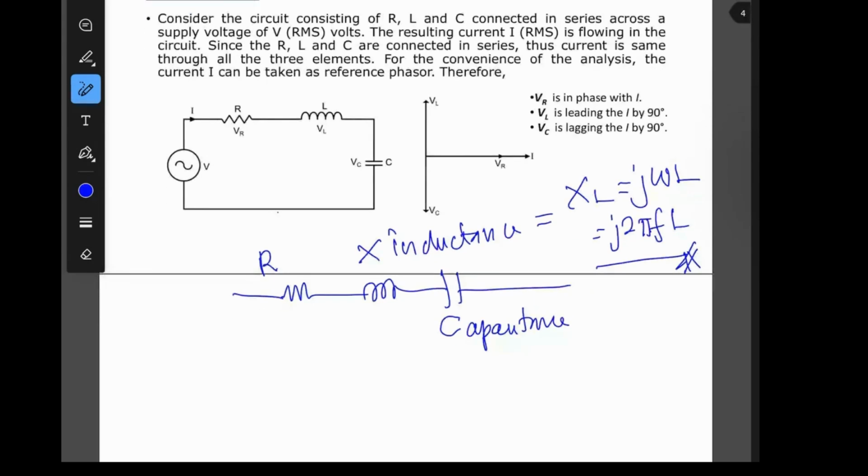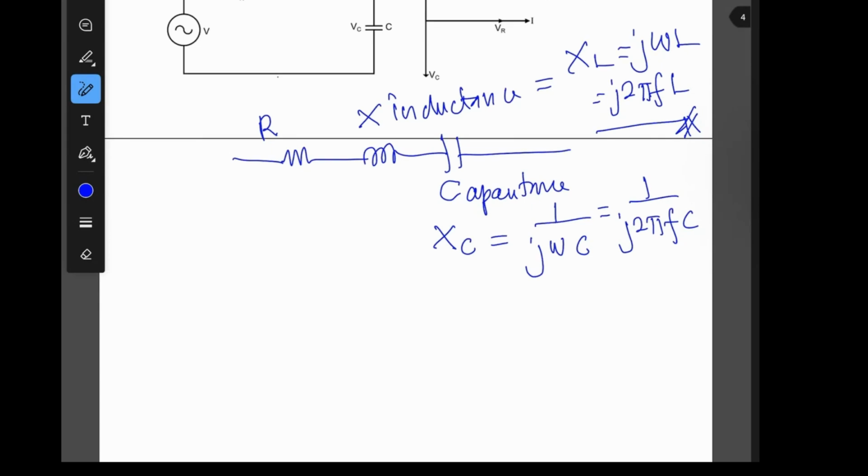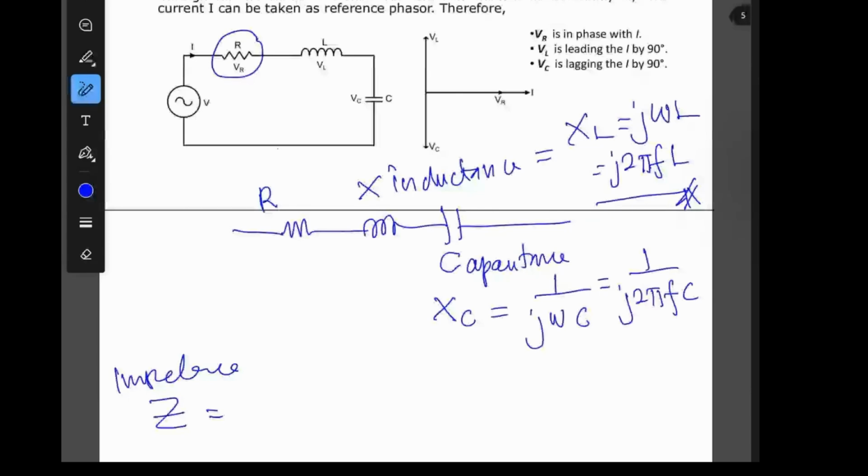For capacitance, the formula is XC equal to 1 over j omega C, which is 1 over j 2 pi f C. This is capacitance and also inductance. So impedance Z is equal to R plus XL plus XC.